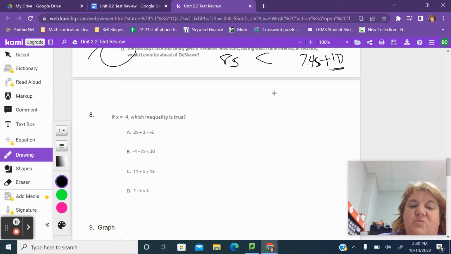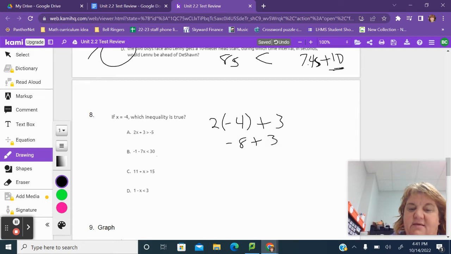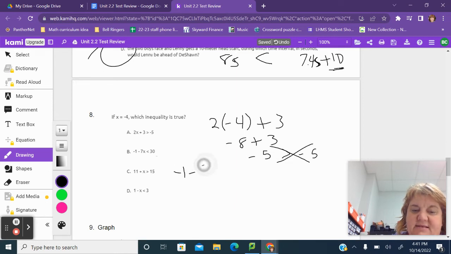Okay, which one would make -4 true? You just have to substitute it. Let's see if this one's true. -8 plus 3, that's -5, is greater than -5? No. Okay, let's do it in this one. -1 minus 7 times negative 4.